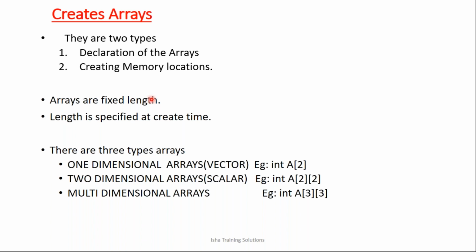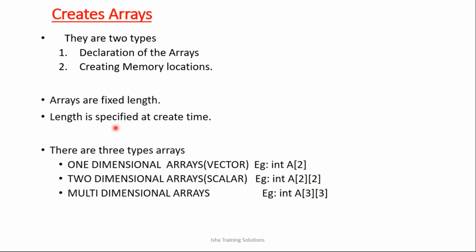Arrays are of fixed length. Why? Because whatever you declare, that particular size will be maintained for the entire program. You can't change the size of the array in the particular program, so it becomes a little bit difficult.